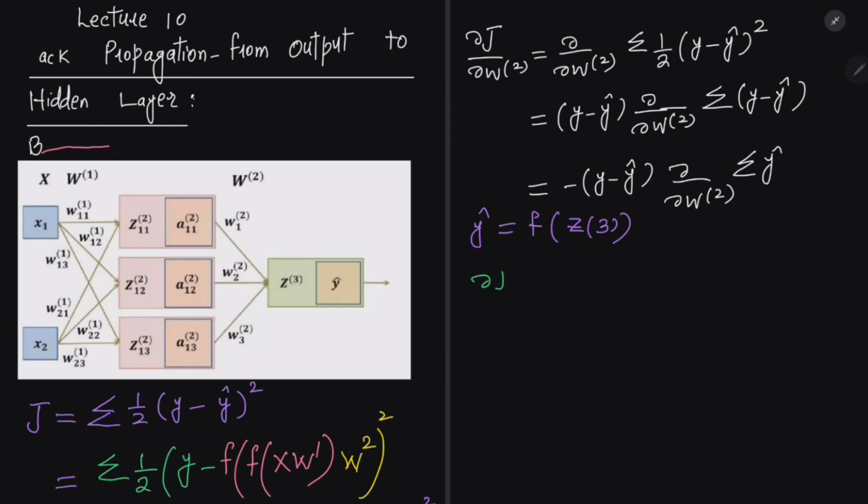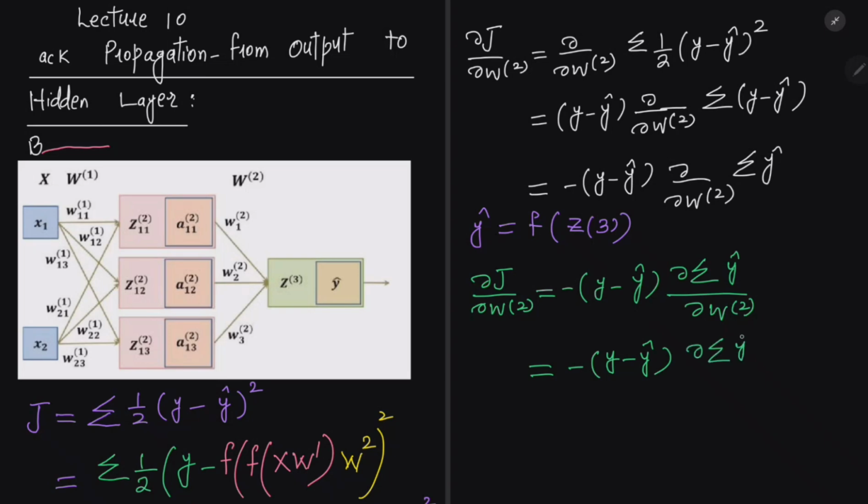Then we can write partial J by partial w2 will be equal to minus y hat, partial y hat by partial w2, and we have minus y hat, partial y hat divided by partial z3 and partial z3 by partial w2.